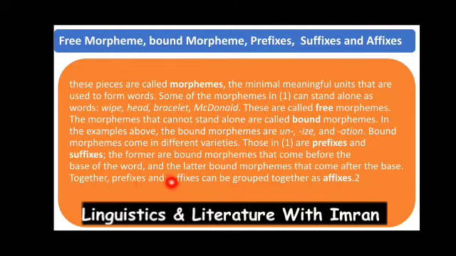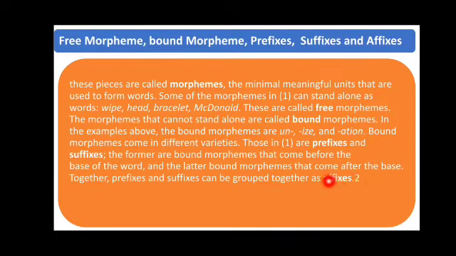Prefix is a letter or a group of letters that comes before the base word, and suffix is a letter or a group of letters that comes after the base of a word. Together, prefixes and suffixes are known as affixes. We will also know the meaning of affixes in coming lectures.